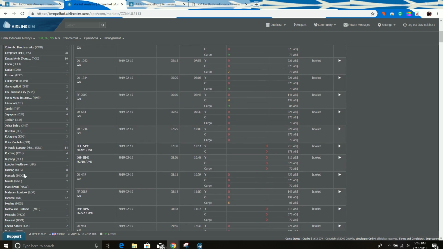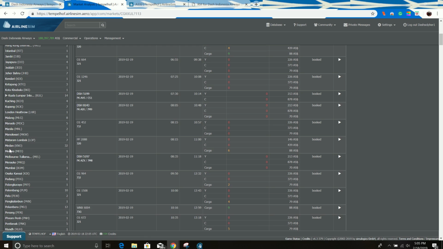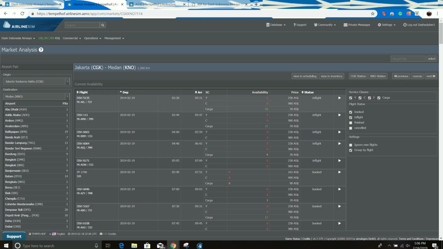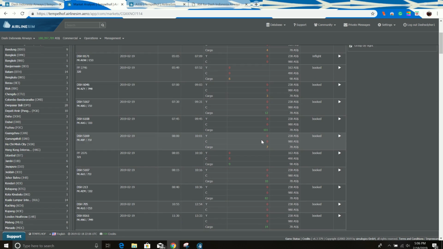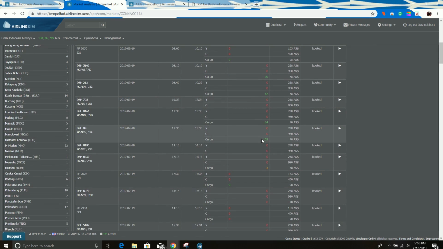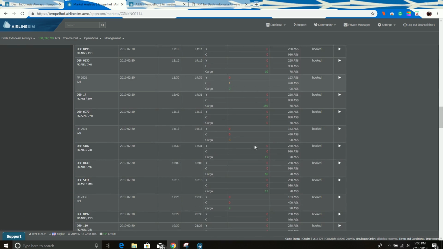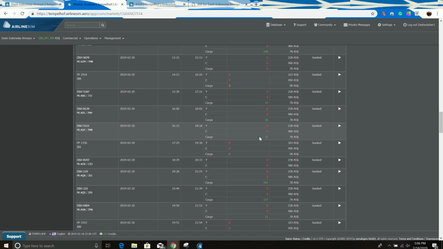Another one is between another one of my hubs, and this is my largest set of routes, between Jakarta and Medan. These are two of my biggest hubs. As you can see, there is a lot of room for more.